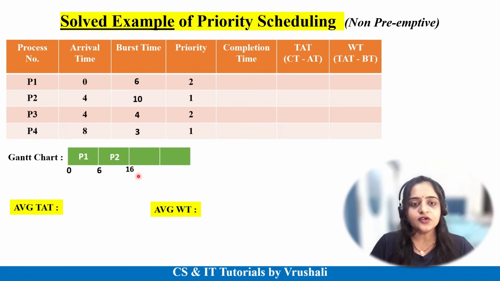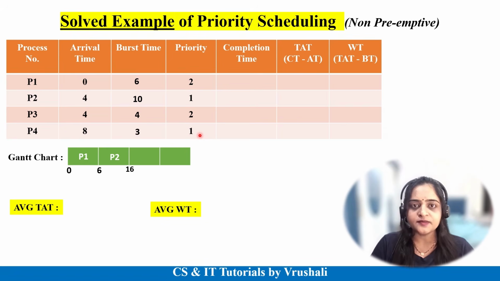Clear? Now check next. P1 and P2 have executed, right? Now between 0 to 16 which process has come? See, P1 and P2 have already executed, P3 and P4 are there. P3 arrives at 4 and P4 arrives at 8. Again there are a total of 2 processes. Now check the priority. P3 has priority 2 and P4 has priority 1.